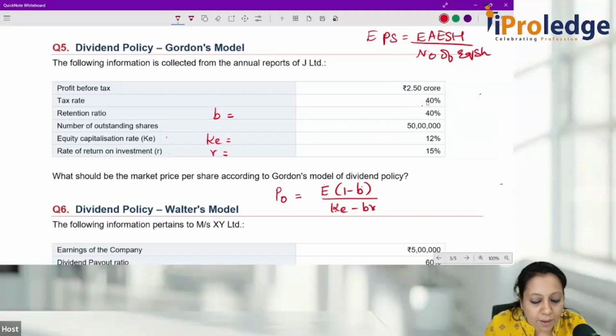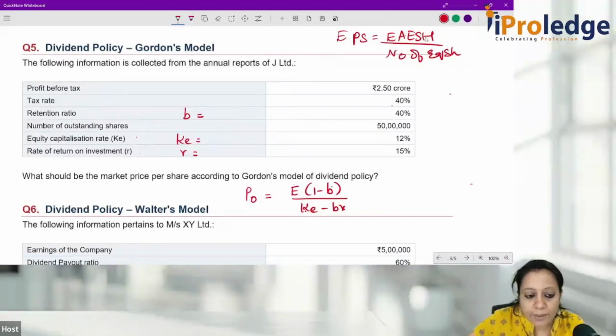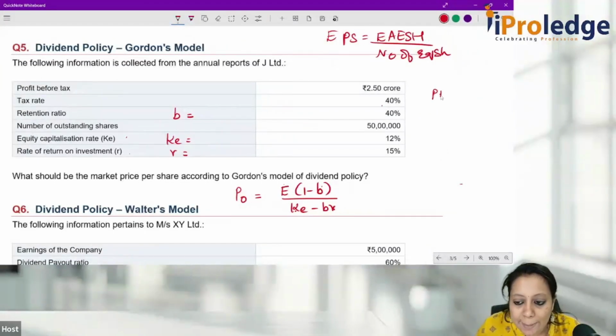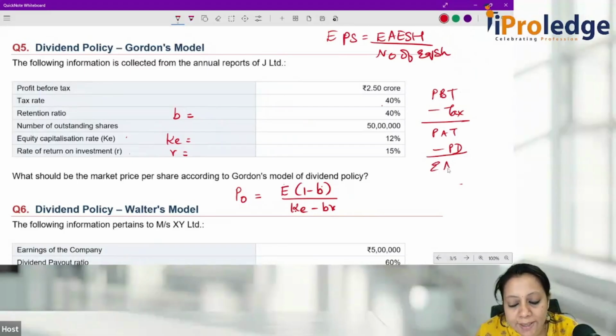We have no time for doing all that. I'm just saying PBT minus tax, we will get PAT minus preference dividend, we will get earnings available for equity shareholders. Preference dividend is not given in the question. PBT is given to be 2.5 crores and the tax rate is what? 40%. That means balance is going to be what? PAT.